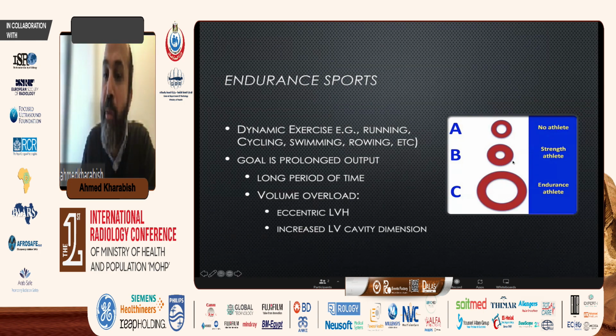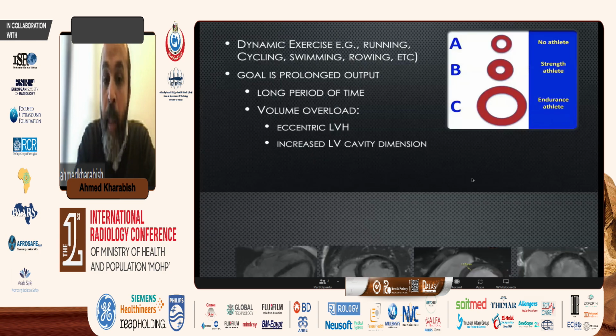As you may see on this image, compared to a non-athlete with no regular training, and to the static type where there is concentric hypertrophy with a small cavity, usually between 12 and 14 millimeters, in endurance there is dilatation and less hypertrophy compared to the other type of athletes.